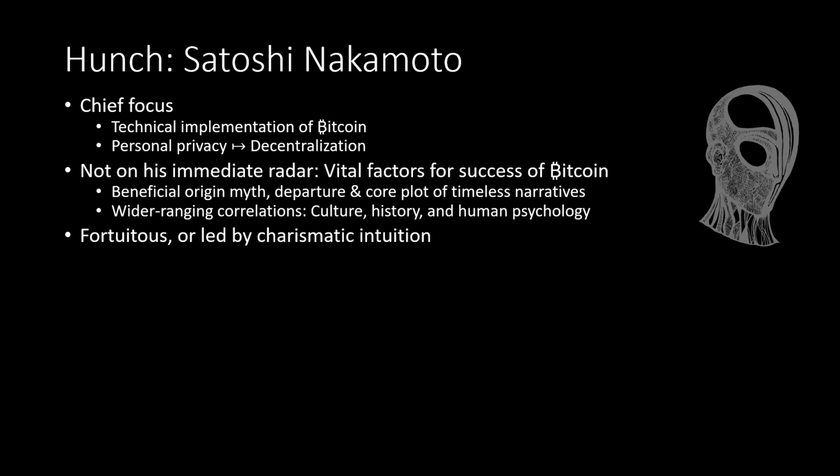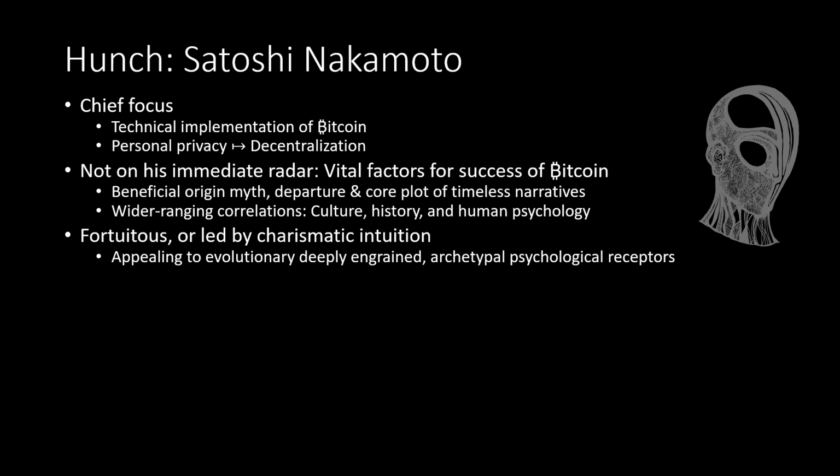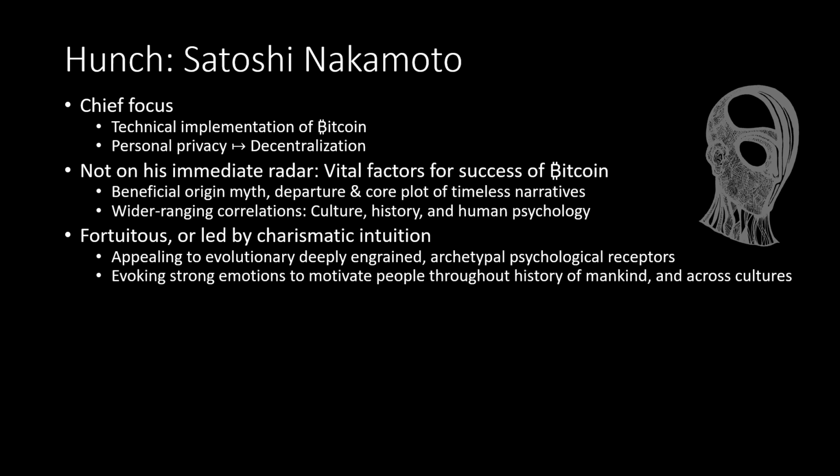He also got lucky, or at least was led by charismatic intuition, that these stories, so his technical basis in combination with these other factors, were appealing to evolutionarily deeply ingrained archetypal psychological receptors, which were evoking strong emotions to motivate people, and these have proven to work throughout the history of mankind and across all known cultures.